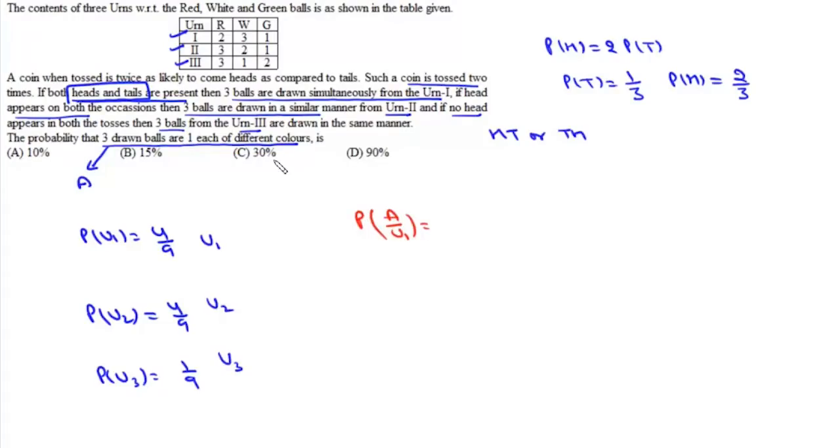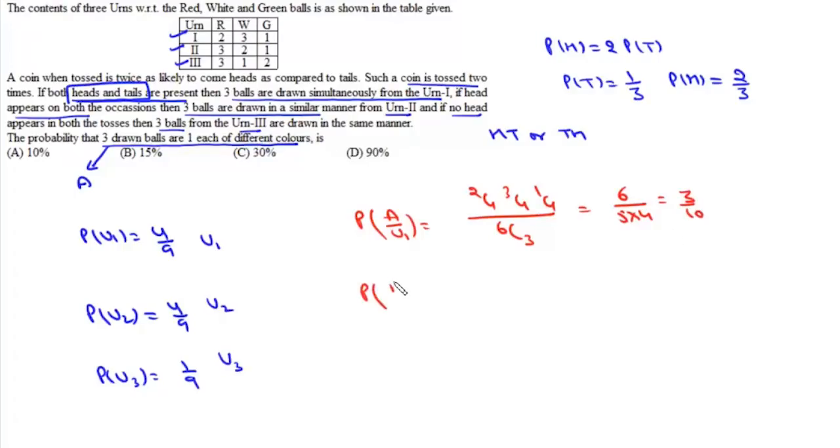Now we'll find the conditional probability that if we have chosen urn 1, then we get all 3 different color balls. The total number of balls in urn 1 is 6. So there will be 6C3, and then we have 1 red, 1 white and 1 green, so 2C1 into 3C1 into 1C1. This is 6 divided by 6 into 5 into 4 over 6, which is 3 by 10.